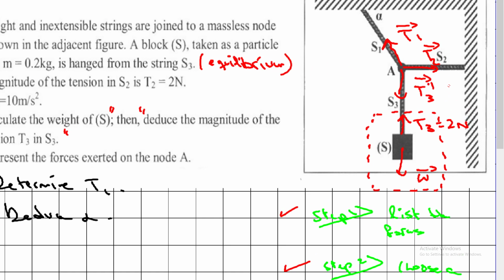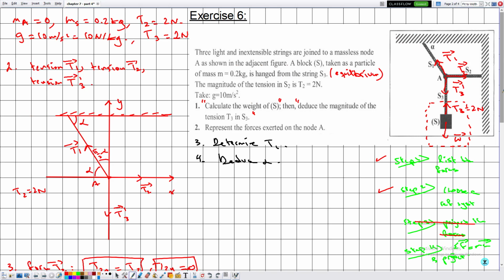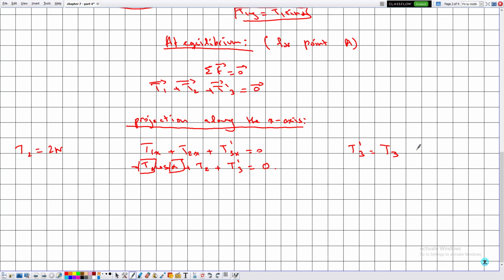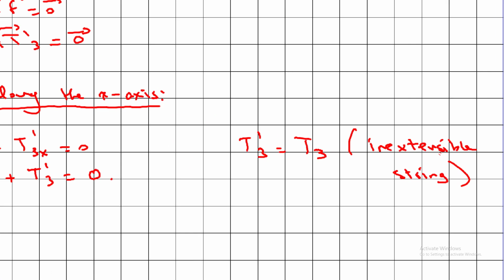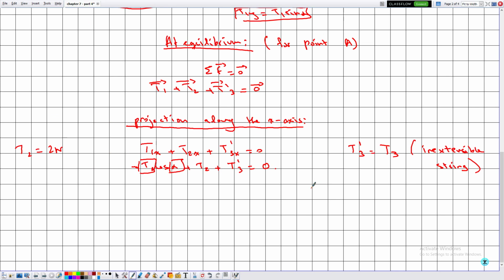Now the value of T prime 3 is equal to T3 because the string is inextensible. So usually this statement they give it half a mark. Then the value of T prime 3 is also equal to 2 newtons that we have determined above.